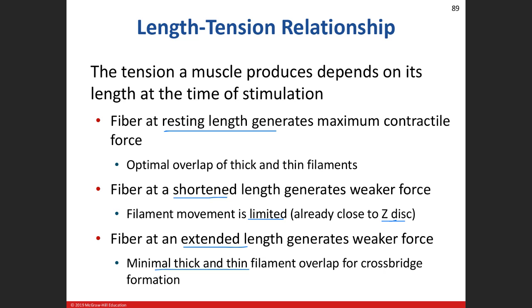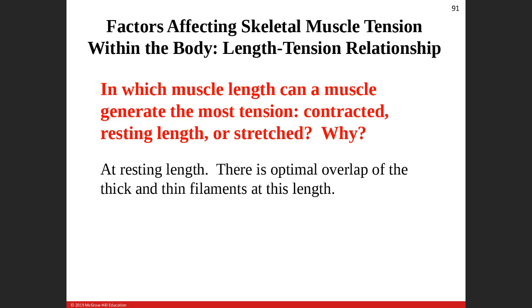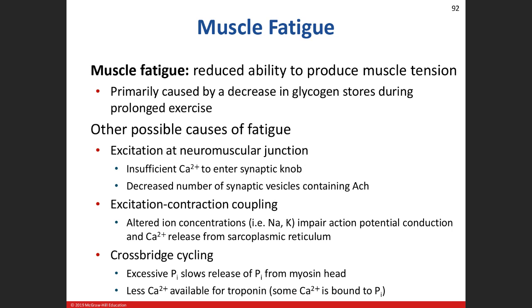So at which muscle length can a muscle generate the most tension? The resting length, because there's optimal overlap of the thick and thin filaments. It's a good concept to know now, because you'll discuss it again when you get into the heart.